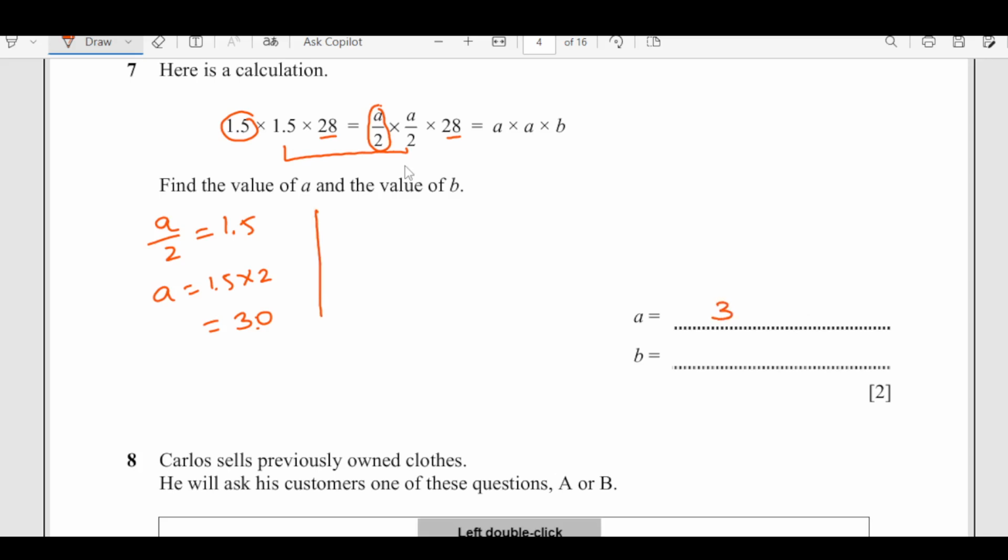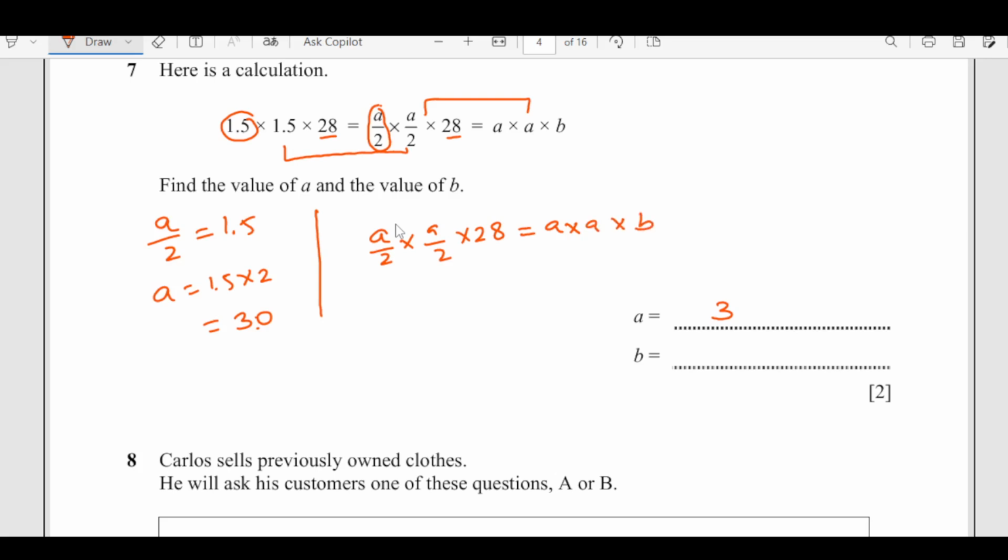Now, if we equate these two, here we have A, this is 28. We do not know the value for B yet, because A over 2 cannot be equal to A. So, that means there is some difference in B. So, we can write it down as A over 2 times 28 equals A times B, right.